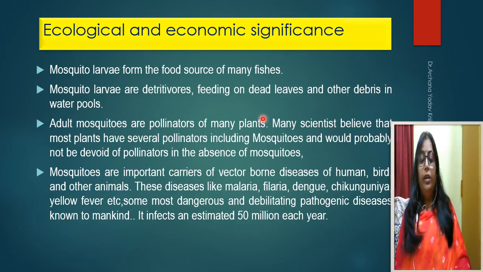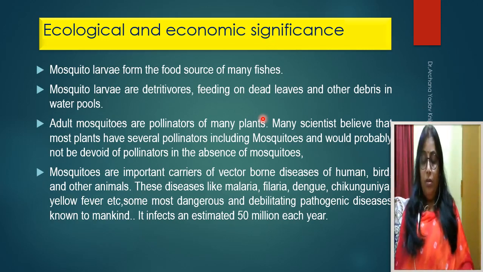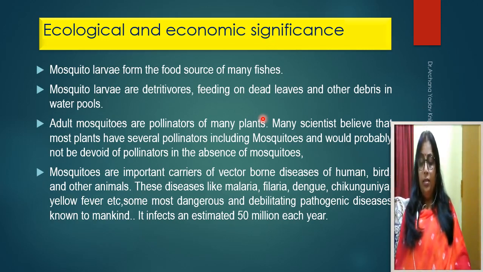These diseases, like I already discussed in previous slides, are malaria, filaria, dengue, chikungunya, yellow fever, etc. One thing is also that many studies have shown that the presence of mosquito in water increases protozoan diversity in water bodies.